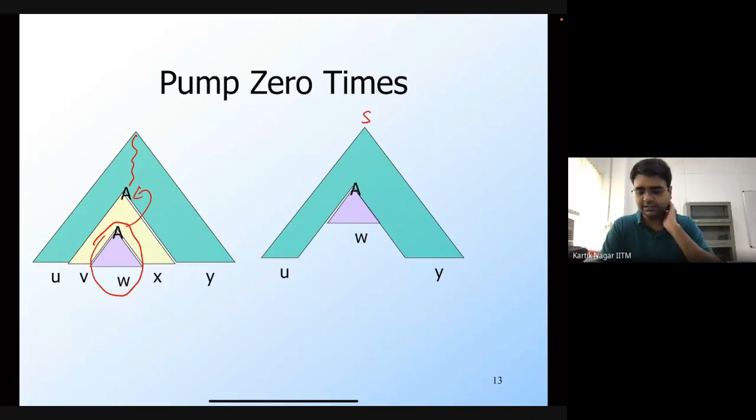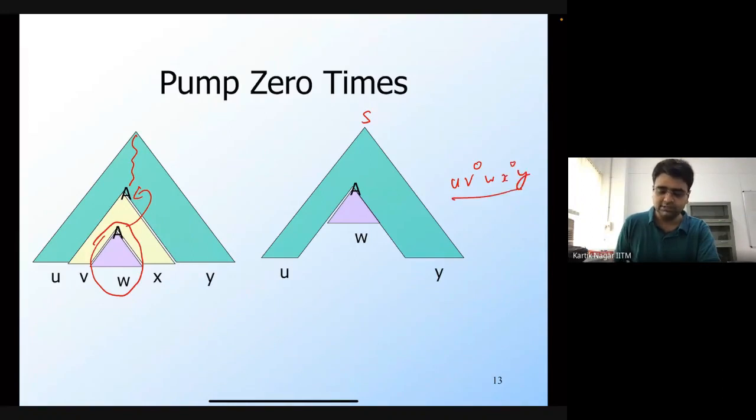And since I have substituted the lower A for the higher A, v and x are gone now, and I only have u, w, y. So this is the same as u v to the power 0, w x to the power 0, and y.